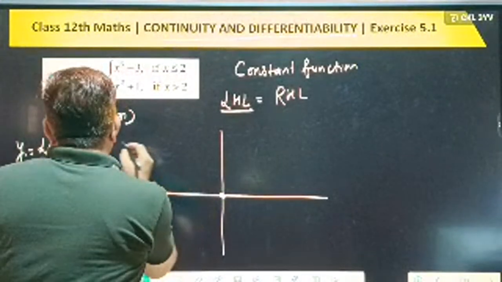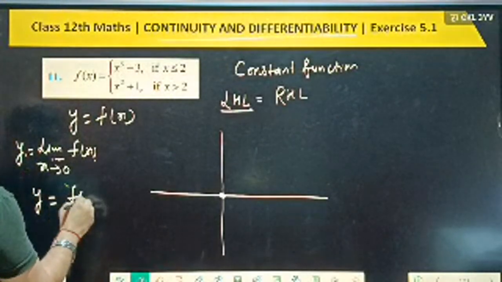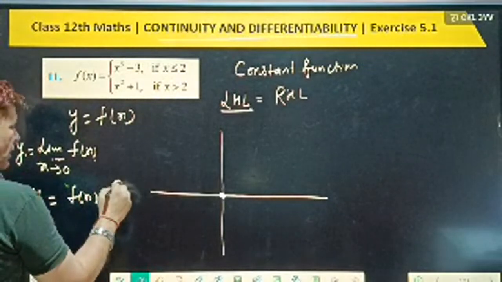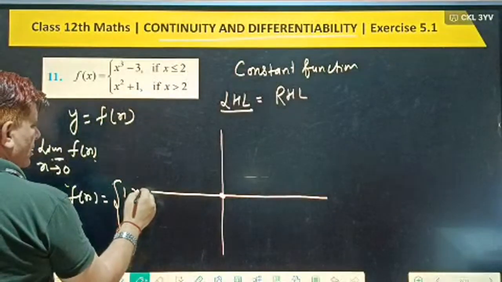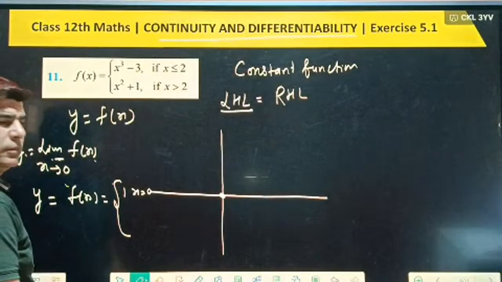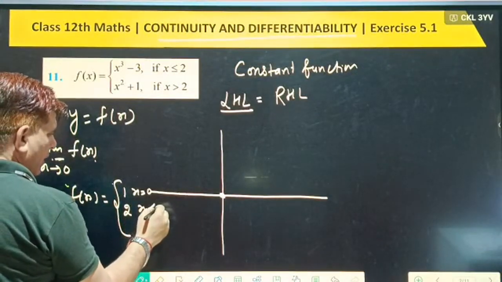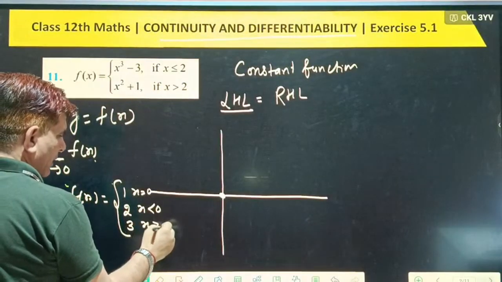Like this is a function: y equal to f(x) is equal to what? We can say like this: 1 when x equal to 0, and 2 when x is less than 0, and 3 when x is greater than 0.